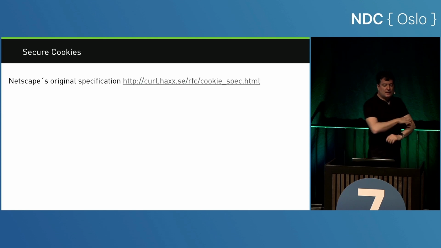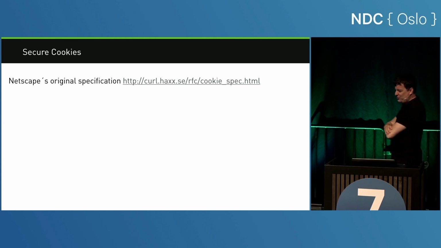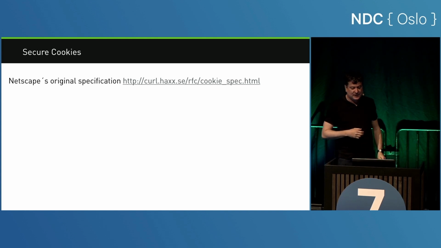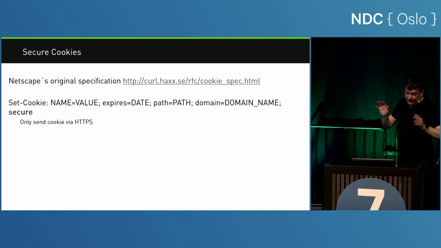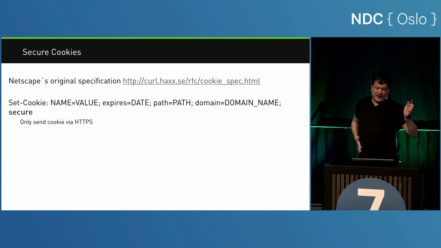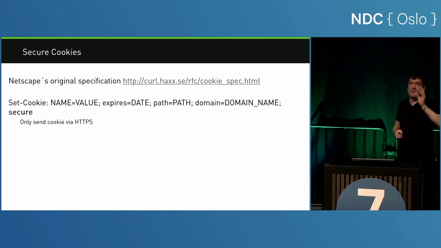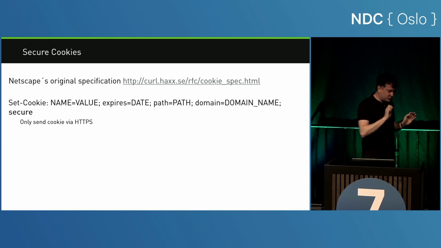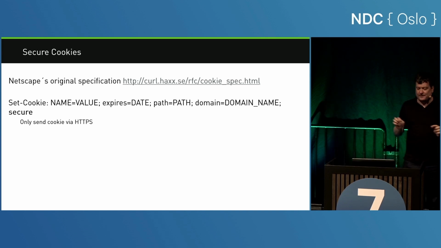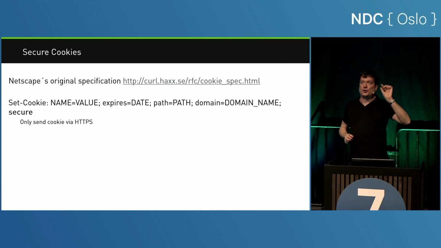The original cookie specification that Netscape put up in 1994, I believe, here's an archived version, looked like this. So this was taken verbatim from the spec. So we have Set-Cookie as the HTTP header to set a cookie, a couple of metadata, and the last one is the secure flag. Even then they thought about, maybe we don't want cookies to be stolen, at least at transport. So we can save them or secure them at transport by using the secure flag.